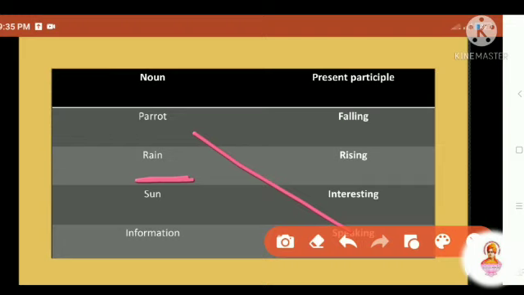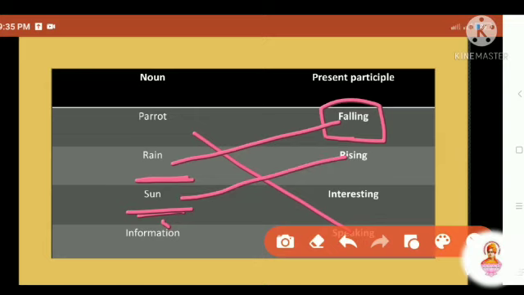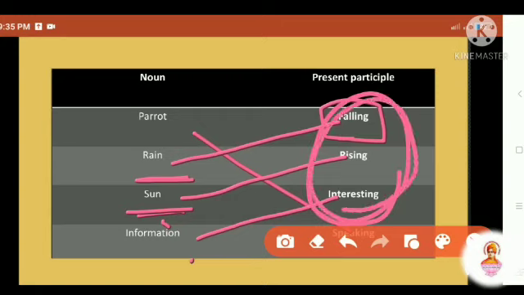For rain, what will you choose? This is a present participle as an adjective. Yes, falling rain. For sun, we can choose rising sun. And for information, interesting information. From this, you can conclude that the present participle is used as an adjective here.